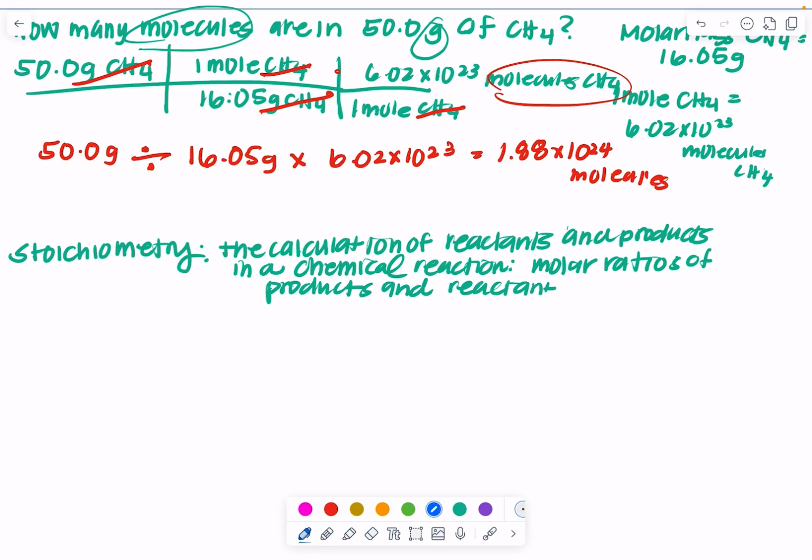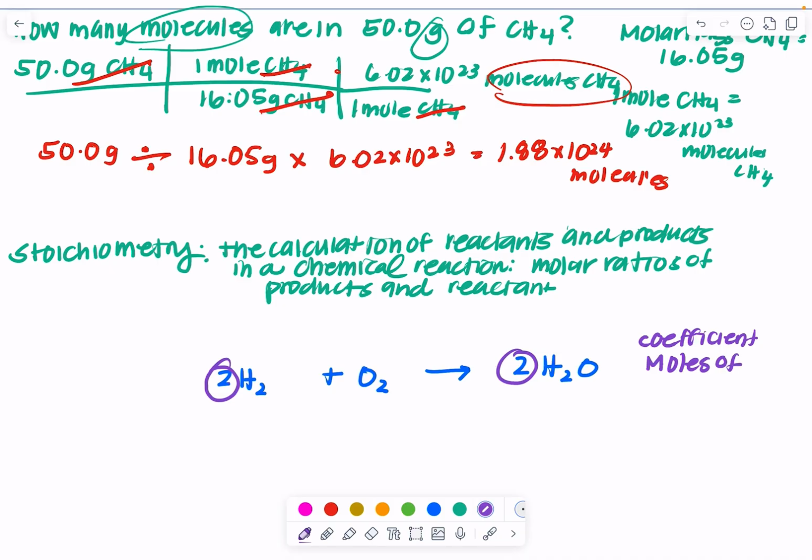Okay, so let's look at a balanced chemical equation. Let's look at 2H2 plus O2. It's time to kind of understand what these coefficients mean. We just know these as coefficients, but these are also moles of each substance.